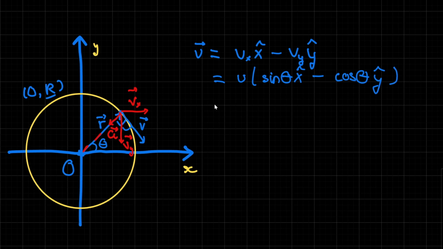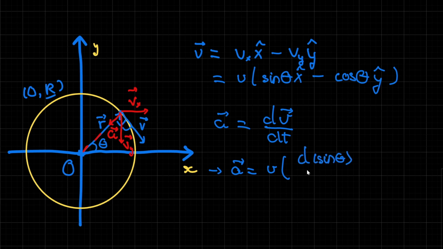And because we know acceleration equals dv over dt, we can have a equal v times d of sine theta over dt in x, and cosine theta over dt in y.